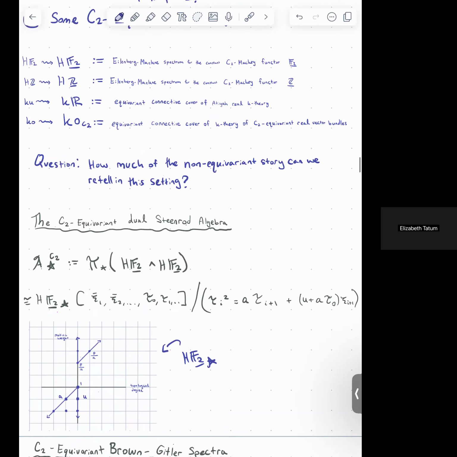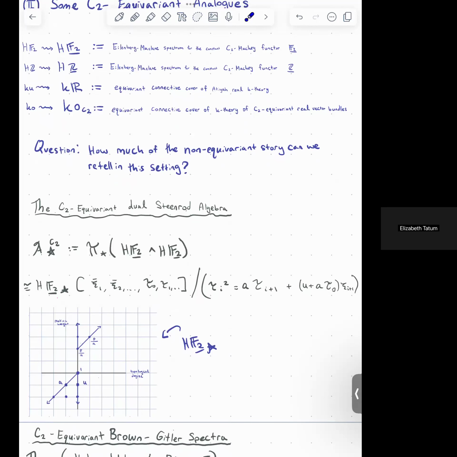And maybe something to note here is that in the C2 equivariant setting, we're grading in RO(C2). So we need to keep track of topological degree, but also motivic weight as well. So this is grading on the number of sign representations. And this would be the number of trivial representations plus the number of sign representations.